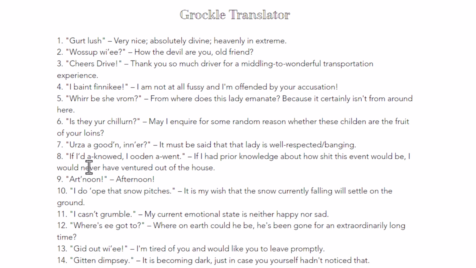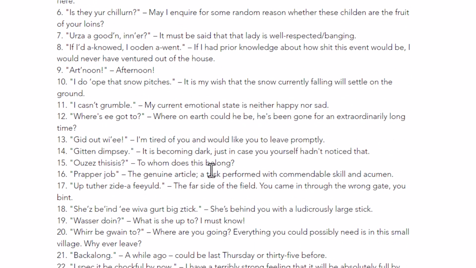Number 8 down here. If I'd have knowed, I wouldn't have went. Which means, if I had prior knowledge about how shit this event would be, I would never have ventured out of the house. There's another one, 17. Up to the side of field, which sounded more northern than anything I know, which means the far side of the field. You came in through the wrong gate, you bint.